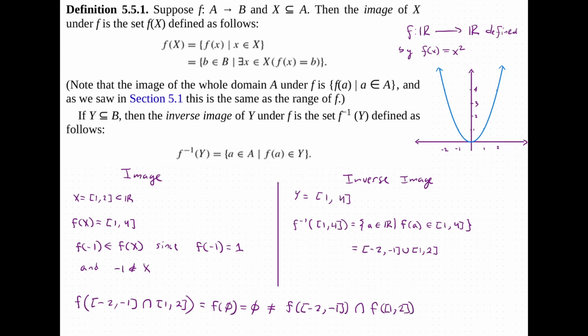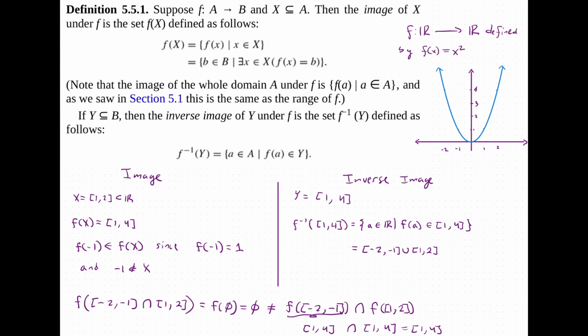Because if we had taken the intersection of the corresponding images of both of these sets, both of these give us back {1, 4}. And so we do get back that this here is just {1, 4}, and so we do have that this here is a subset. And that's going to be the context of our next theorem.